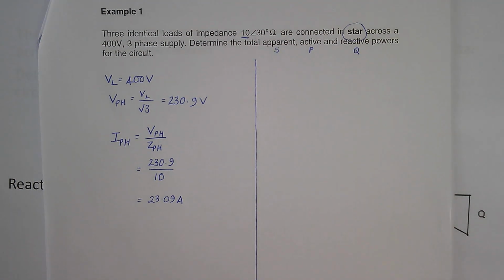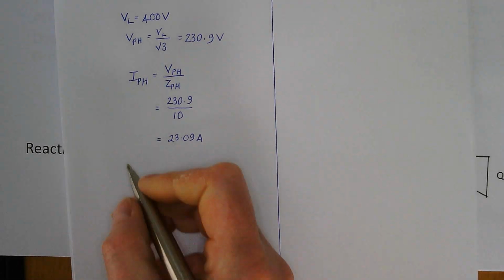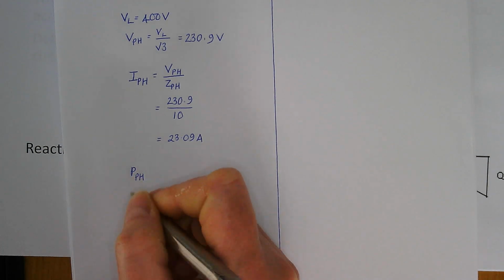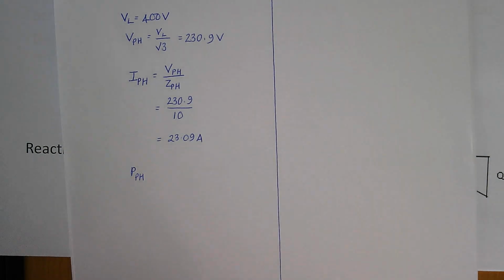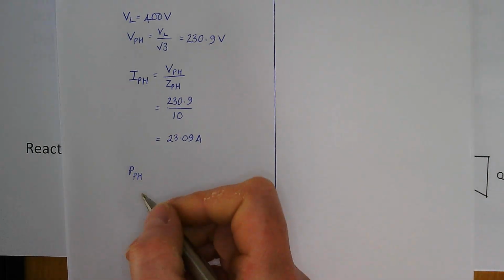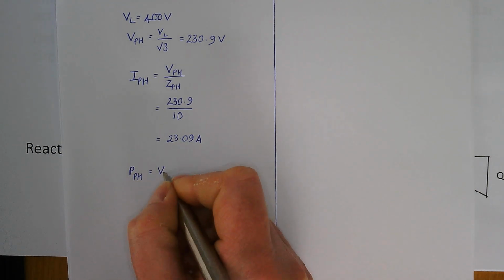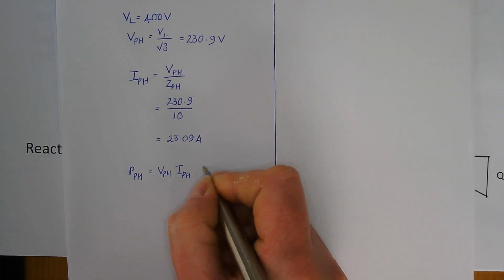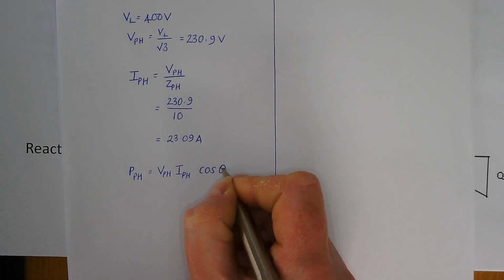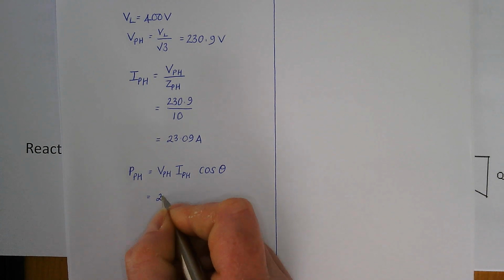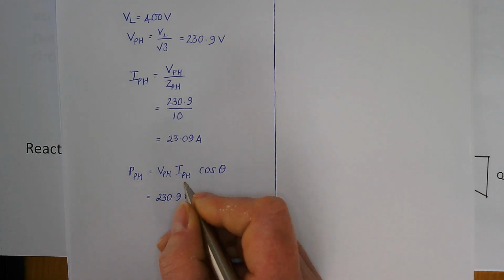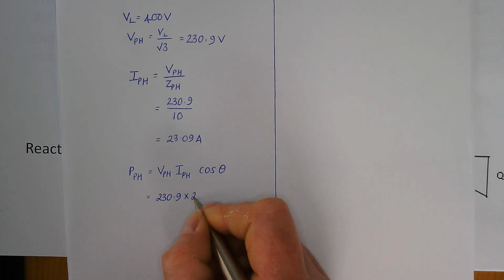So now from this, I can get the power in each phase. And it's P, so this is active power, true power, power dissipated, however you want to describe it. Again, for your V phase and your I phase, you just take your magnitudes.